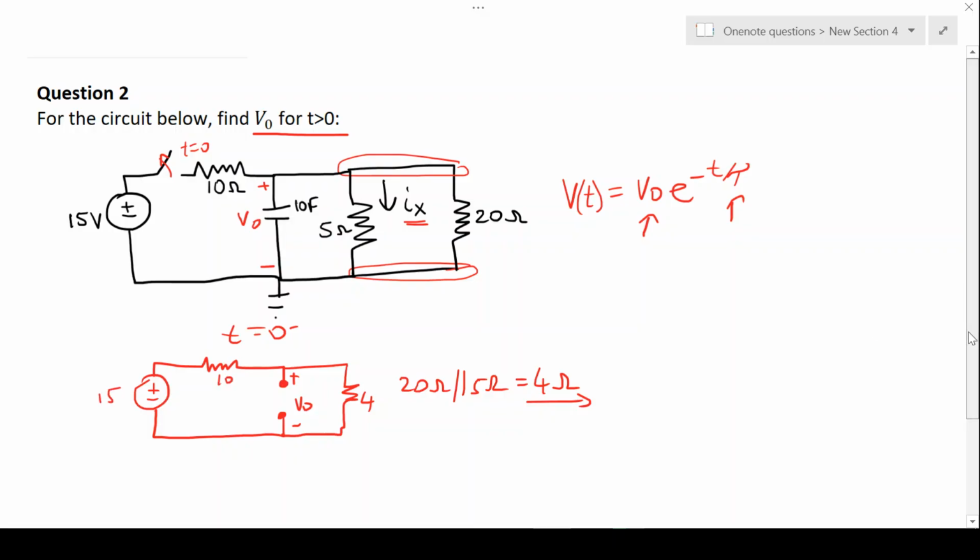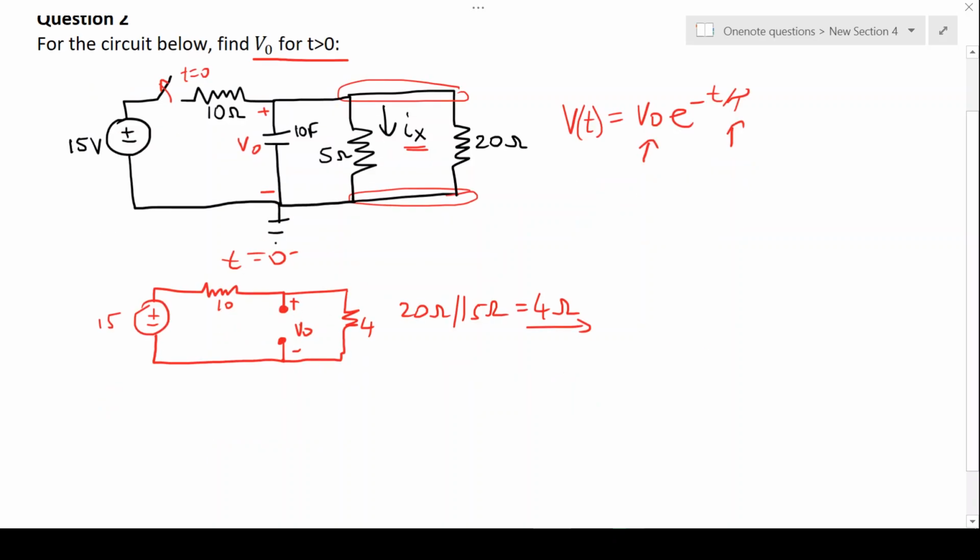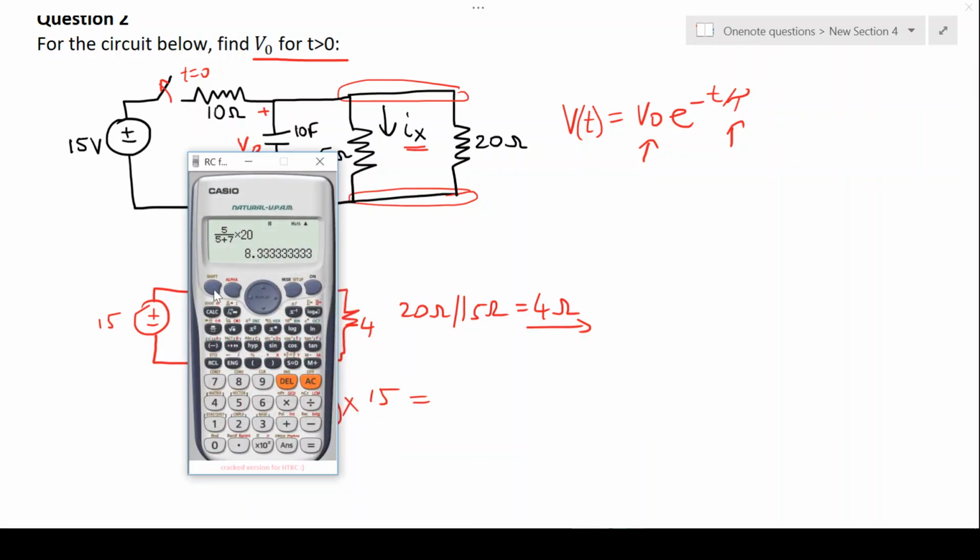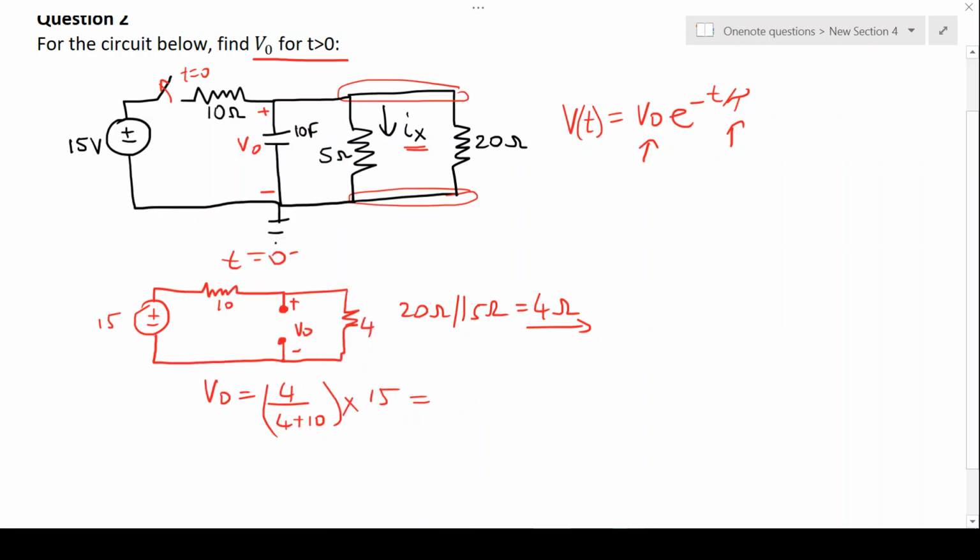Now we can see that we're looking for V0, and V0 should match the voltage across the 4 ohm resistor. So we can use voltage division, and we can say that V0 is equal to 4 over 4 plus 10 multiplied by the 15 volt source, and that gives us a value of 4.28 volts.